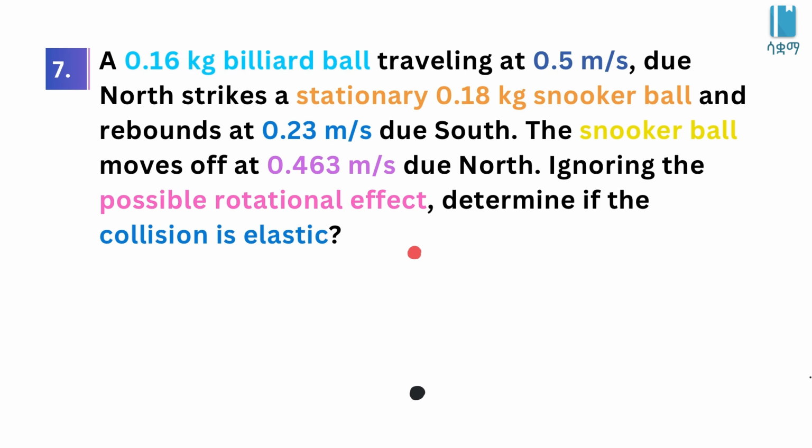Here, let's imagine m1 is the 0.16 kilogram billiard ball, which was traveling north with v1 initial of 0.5 meter per second due north.